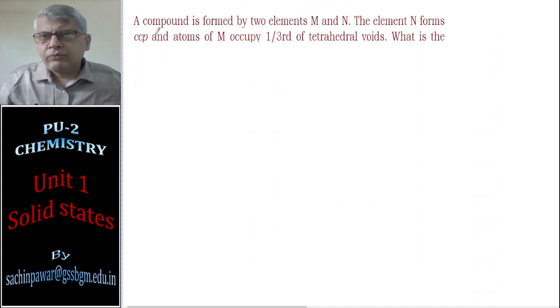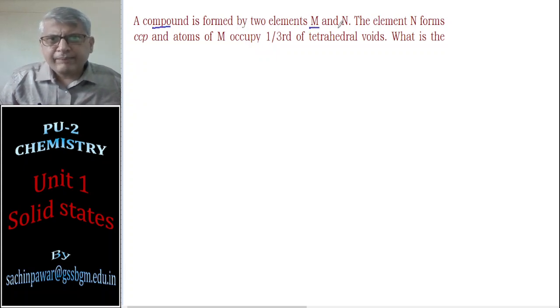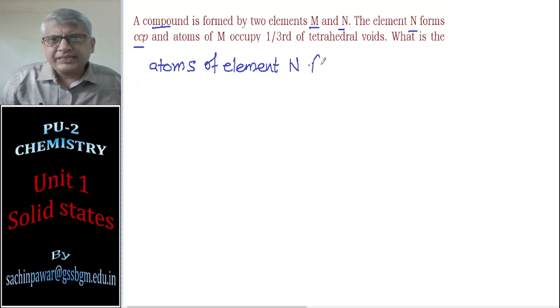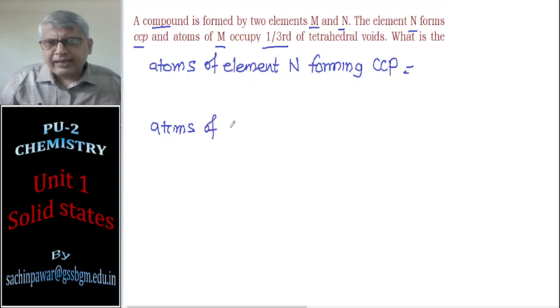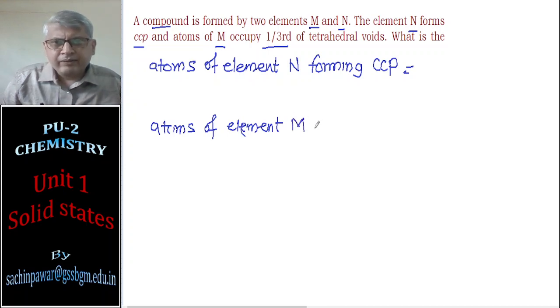Next problem. A compound is formed by two elements M and N. Atoms of element N form CCP. And atoms of element M occupy 1/3 of the tetrahedral voids.